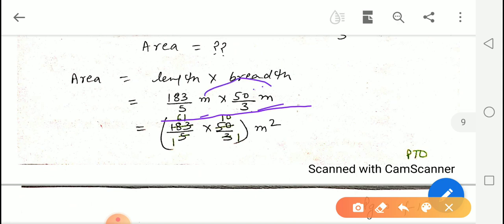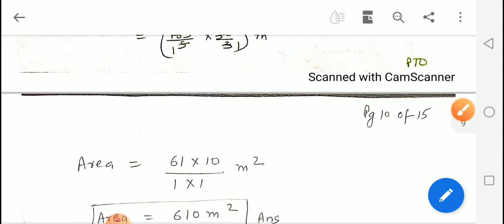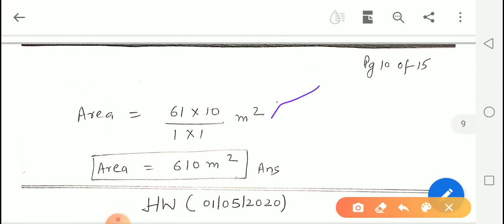Meter multiplied by meter will become meter square. First we will do the cancelling if possible, and after that we will multiply the numerators and denominators as we have done in this step, and we will get the answer as 610 meter square. This is the answer for the area of the rectangle.